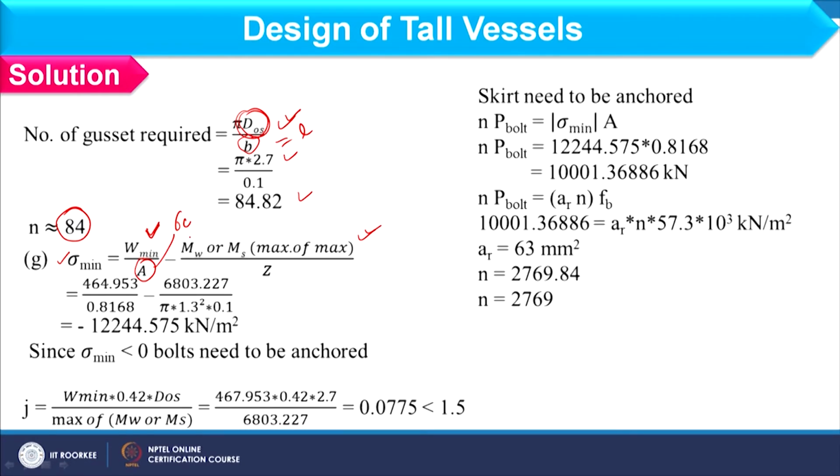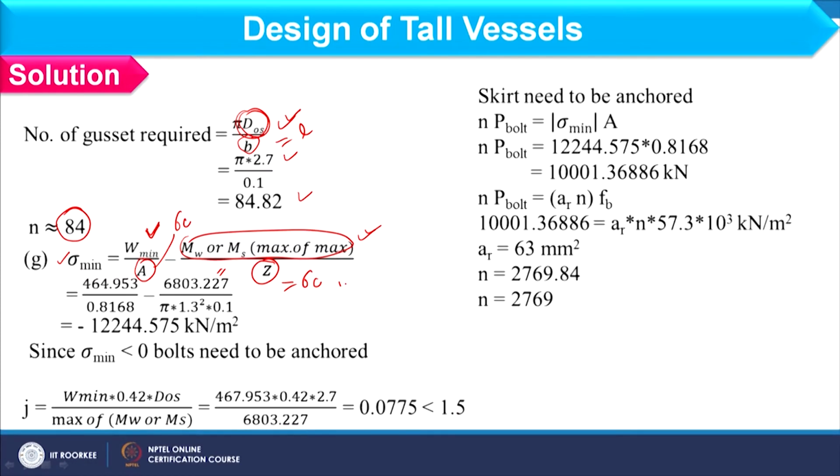Similarly, I am having MW and MS, and maximum of these we have to choose. So, this should be 6803.227, and this Z value we can also see in sigma C expression in the previous slide, right.